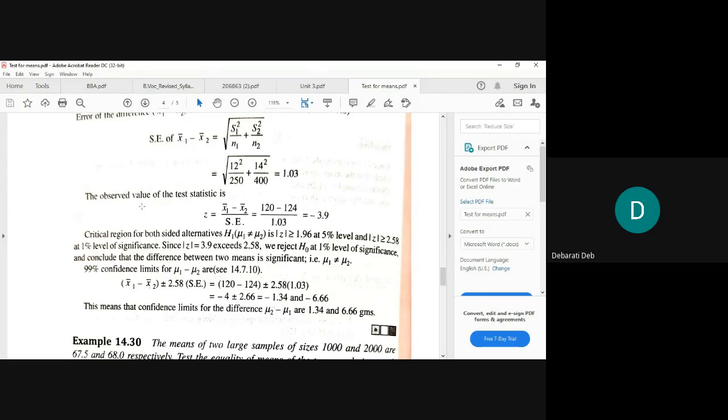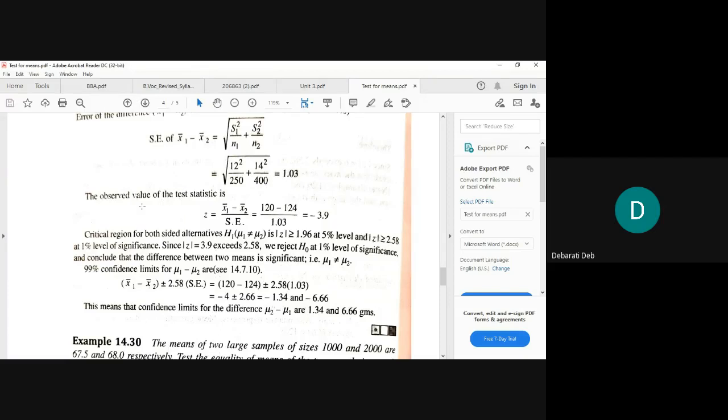Okay. Now this type of thing we have also done on the previous day. Since this is a test of equality of two means, we need to ignore the minus sign.